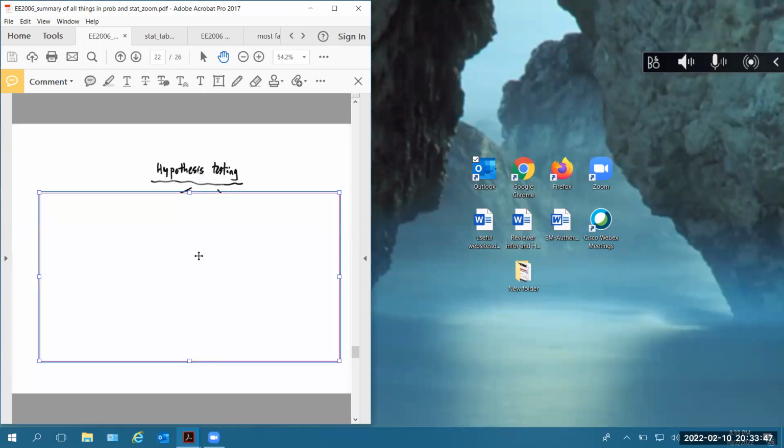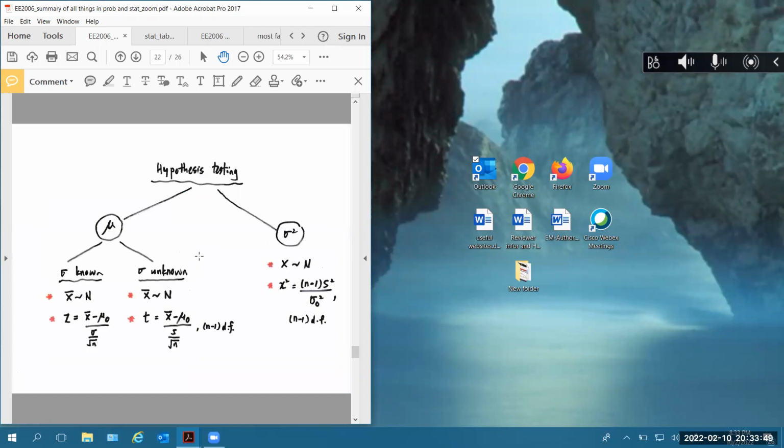So this is the tree that I showed you last week. You can see that in hypothesis testing, we actually test 2 things: you test mu or you test sigma square. Let's look at sigma square first. When you are testing the population variance, you see 2 points.